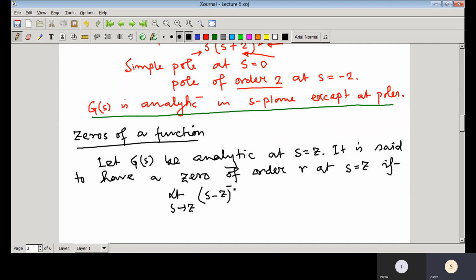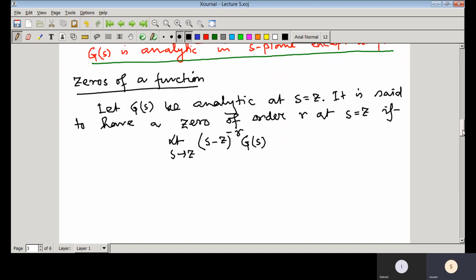Here you can see that this is minus r, that means just the inverse of that.